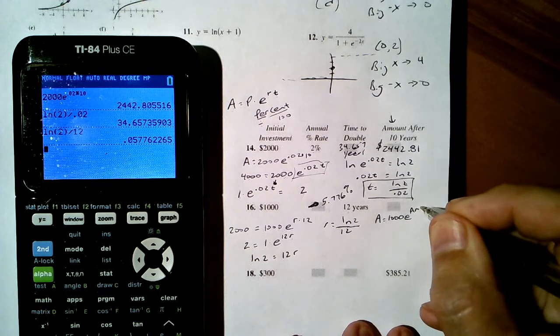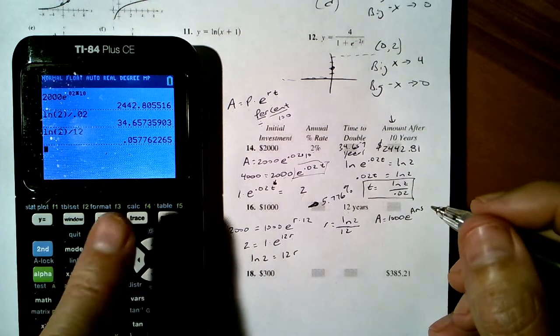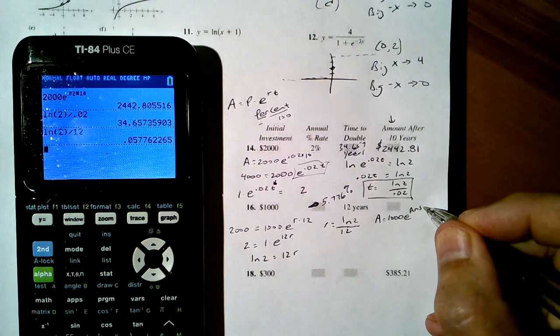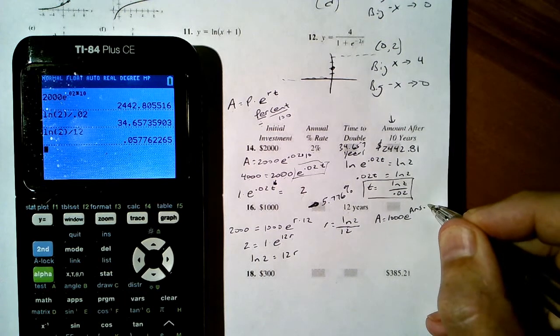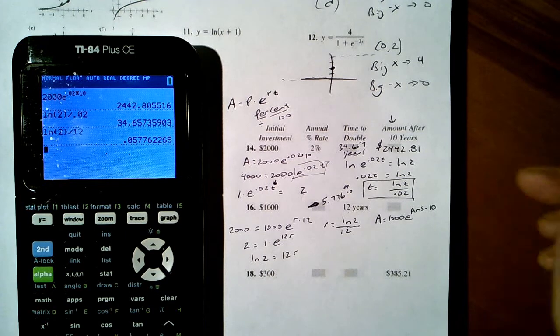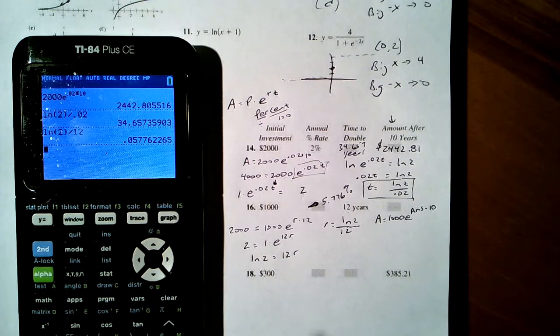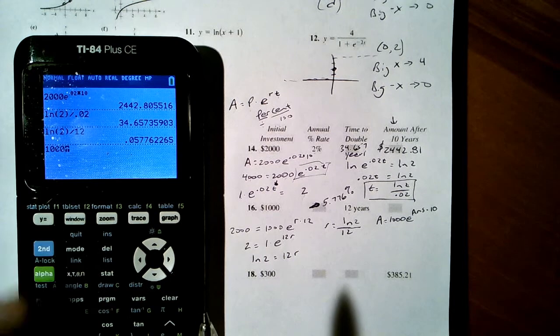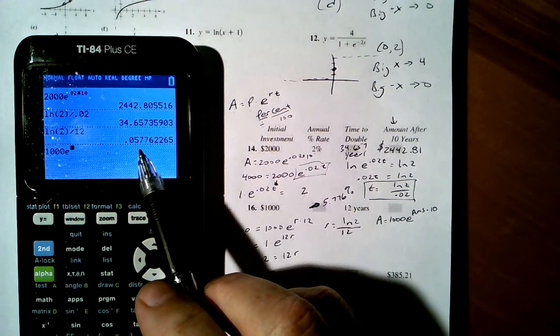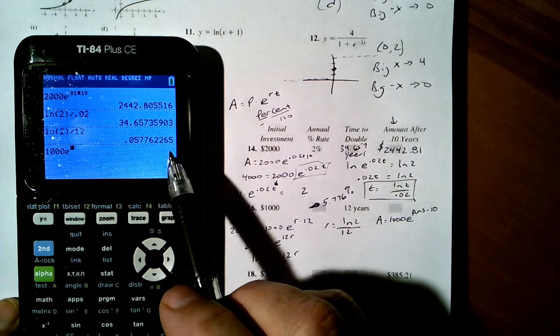I'm going to use my answer that's in my calculator, this value right here, ANS, times 10. And you could do this. You could go 1,000 second e to that, and you could type in 0.057762265, and you'd be in pretty good shape.